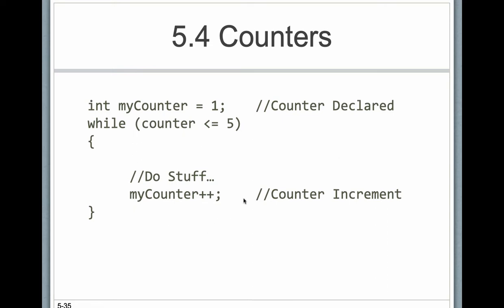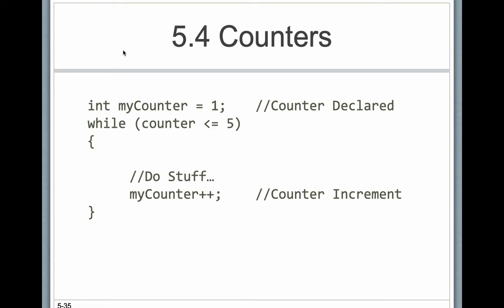This is what keeps the loop in control, pushing it closer and closer to be 1, 2, 3, 4, 5. Once the counter reaches 6, then the while loop can exit, and we can proceed to the next task, which would be somewhere around this area.